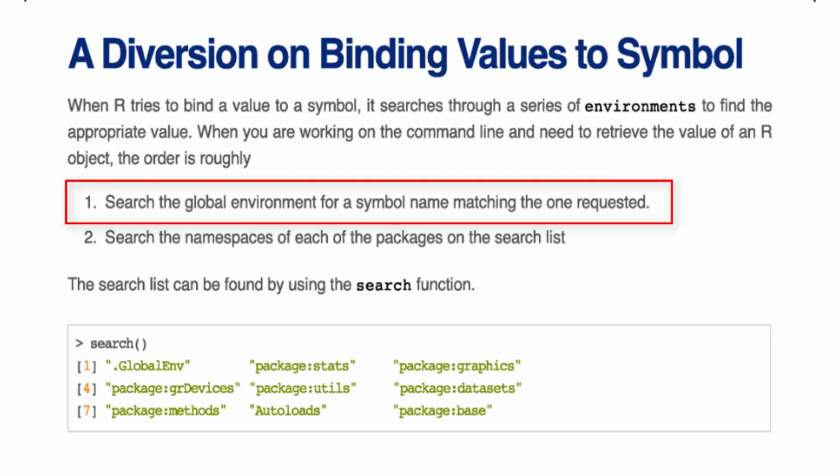The global environment is just your workspace, and it consists of all the things that you have defined or loaded into R. If there's a symbol there that matches the name you are requesting, then it will retrieve the value associated with that symbol. In this case, I have defined lm in my global environment, so when I call lm on the command line, it's going to find that object first.